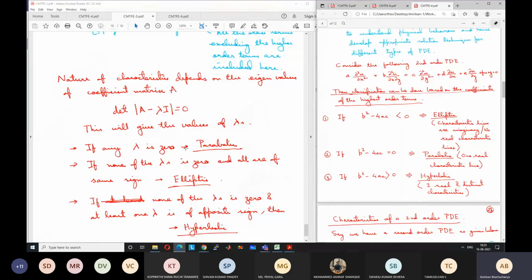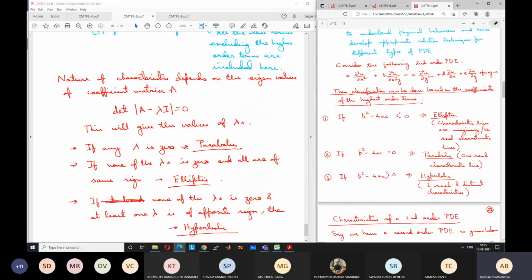One is that all of them are of the same sign, either all positive or all negative, and then the equation is elliptic. If at least one of them is of the opposite sign, and none of the lambdas is 0, then it is hyperbolic.